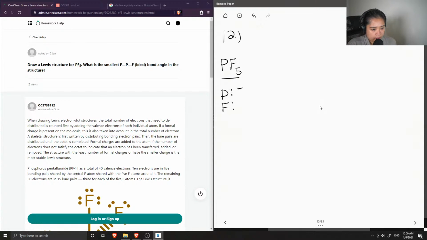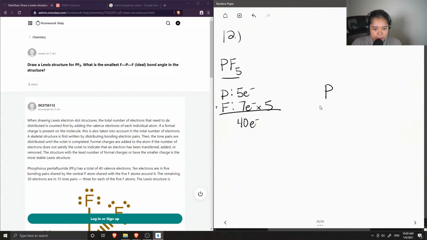So phosphorus has 5, and fluorine has 7, and there are 5 fluorine atoms. So 35 plus 5 gives us 40 electrons in total, or the valence electrons.